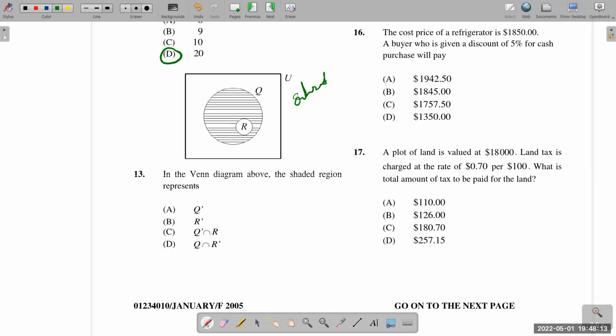So let's go. Which one is it? In the Venn diagram, the shaded region is what? That easy. A, B, C, or D?